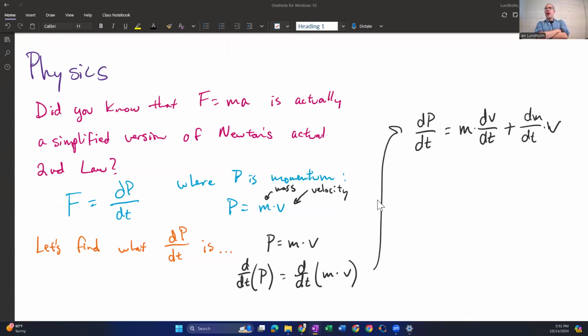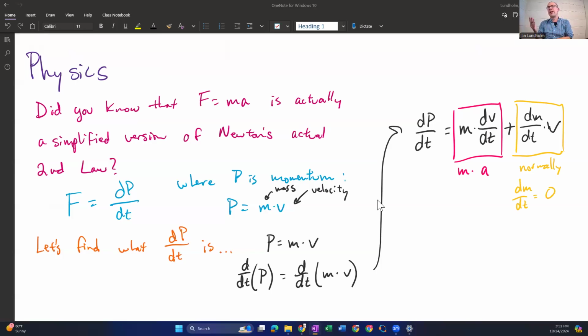Yikes. So you can see that we normally have this as force equals mass times acceleration. But there's this other part that normally doesn't get mentioned, at least at a beginner level, because normally the rate of change of mass, dm/dt, is equal to 0, and that whole term kind of just drops off.